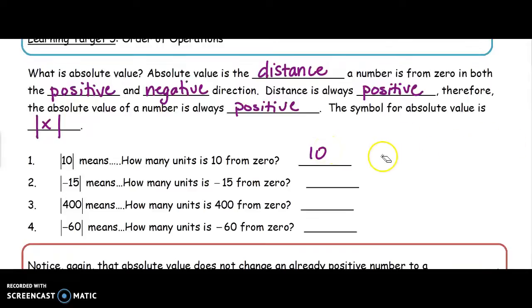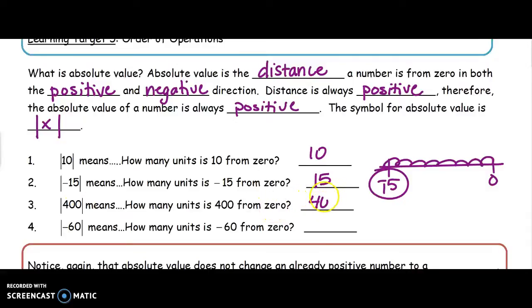Same thing with our number line if we had negative 15. Here's 0, here's negative 15. How many units did you have to go over to get to this negative 15? And remember, our distance is positive, not 0, so our distance here would be a positive 15. What about 400? Absolute value of 400 means that number is 400 units from 0.